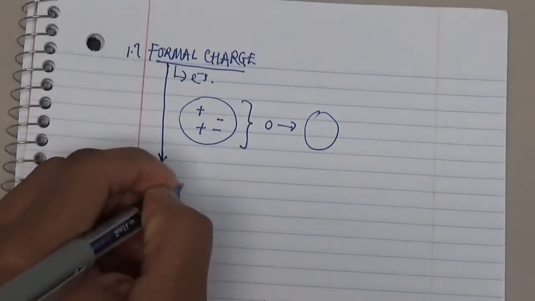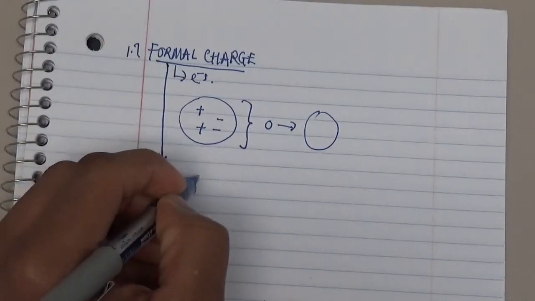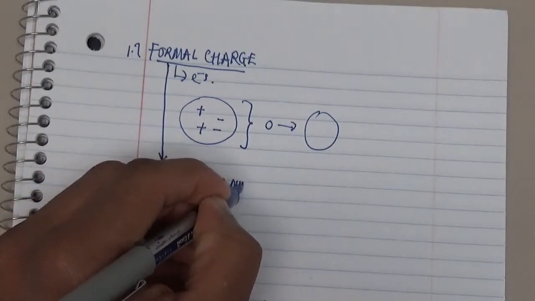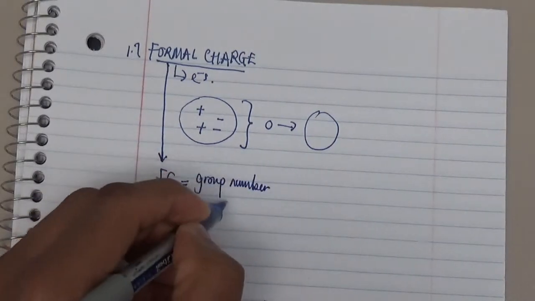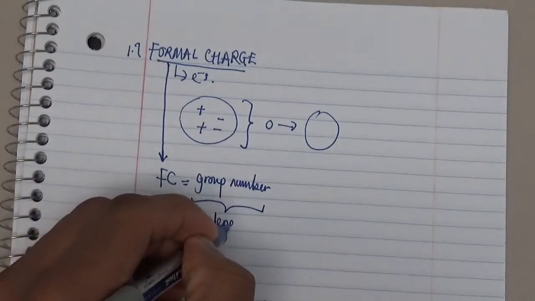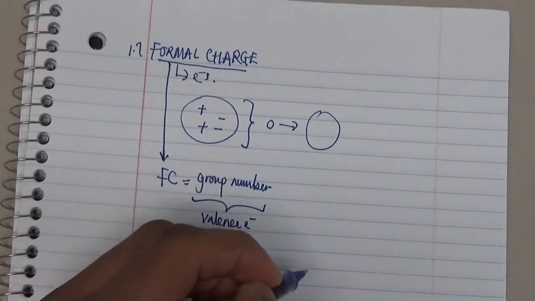So FC, which is formal charge, involves knowing the group number of the particular atom. Group number means that you're looking at the valence electrons that this particular element possesses.